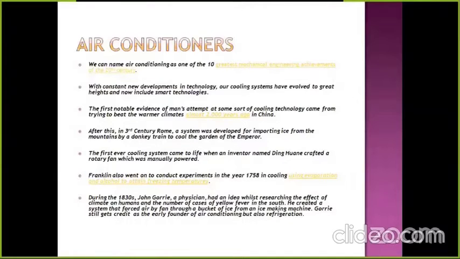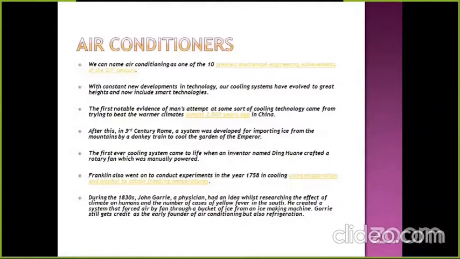Okay, so here initially the air conditioners, what we are thinking about was divided into domestic, that means window air conditioners and split air conditioners. But now with the evolution of technologies, air conditioners have a separate unit like HVAC, heating, ventilation and air conditioning unit.